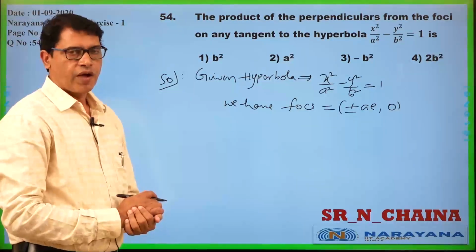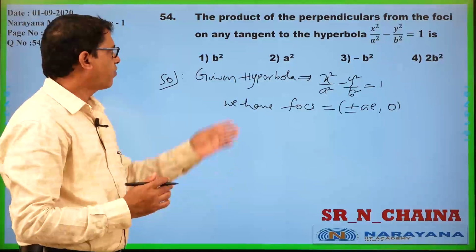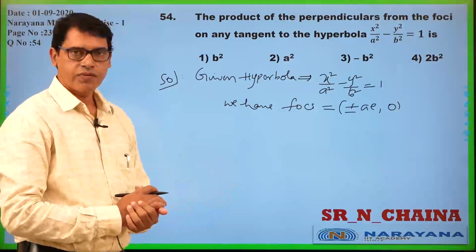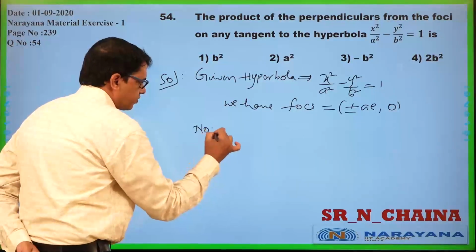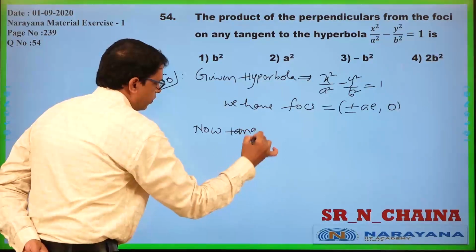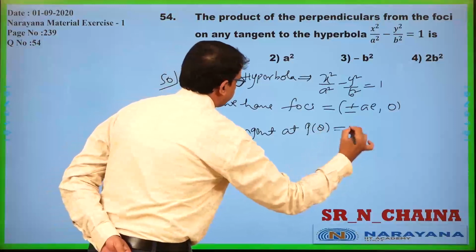Next, any tangent to the hyperbola. Here I am taking the tangent in the parametric form, at any point P of theta.